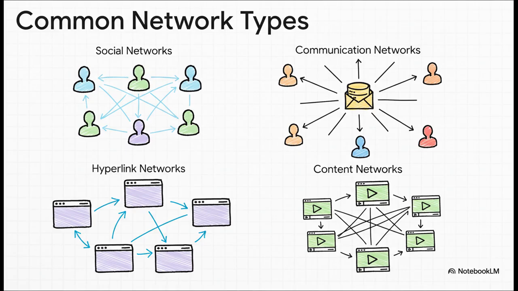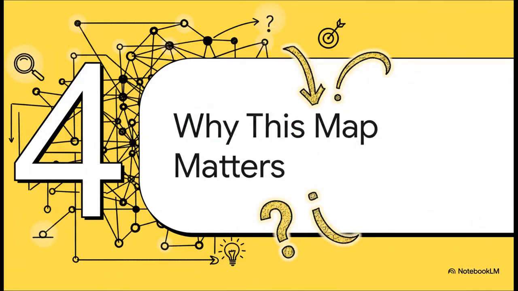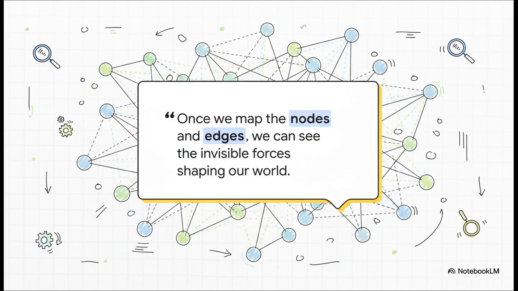Okay, so this is all pretty cool, but let's get to the most important question, right? So what? Why does making these maps actually matter? It matters because it lets us see the invisible. Seriously, once you actually map out the nodes and edges, you're not just drawing a pretty picture. You're revealing the hidden forces, the invisible structures that control how information flows and how we all connect with each other.